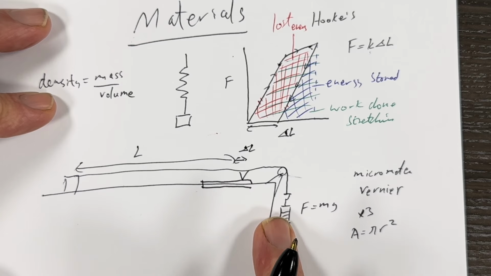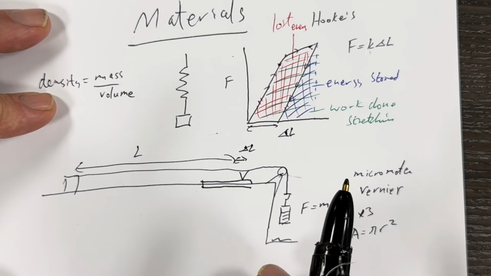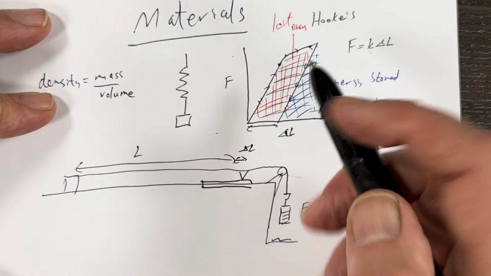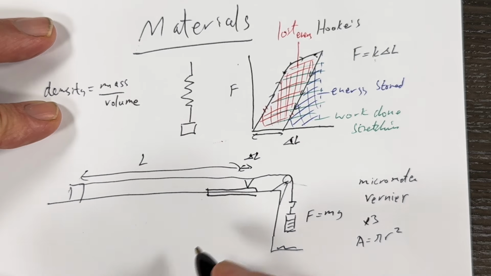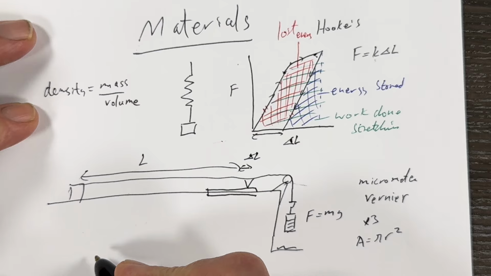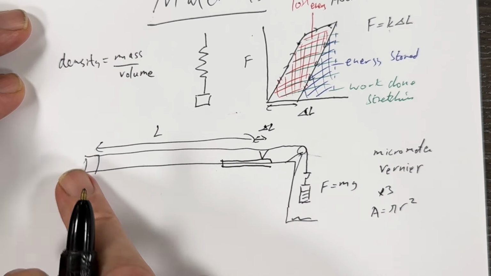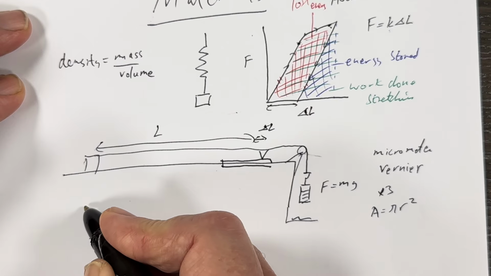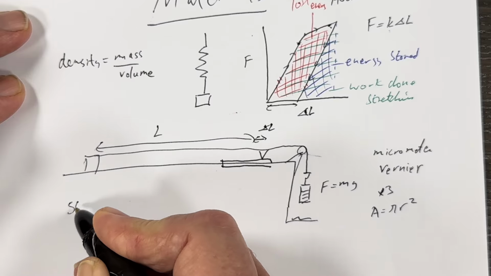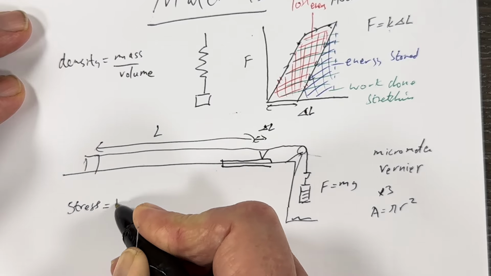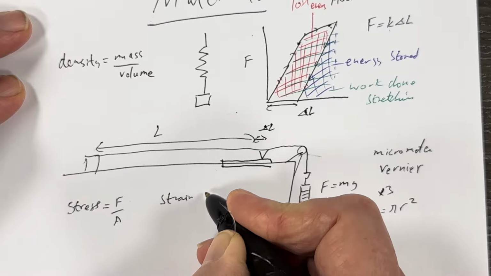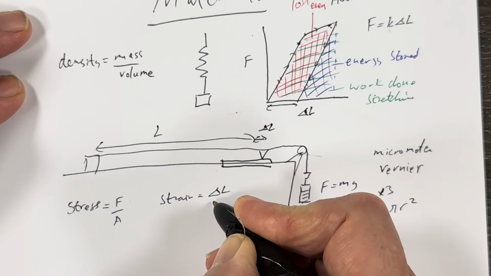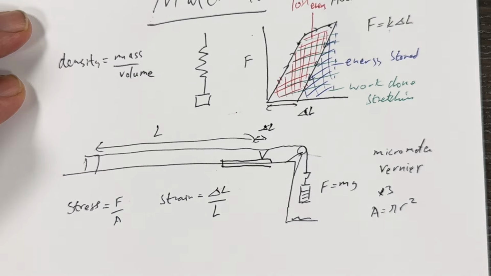So we just keep increasing the load, and we get a similar shaped graph to what we got here, but we interpret the data differently. So we're trying to work on a wire of any dimensions. So we need to introduce two new quantities: stress, which is force over area, and strain, which is extension over original length.